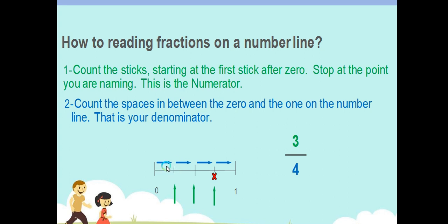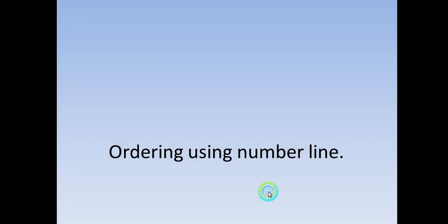Now counting the spaces in between 0 and 1, can you see that? 1, 2, 3, 4. That is our denominator. That's why you see 4. So this is the numerator and this is the denominator. That's why you use the color code to be able to differentiate them better.